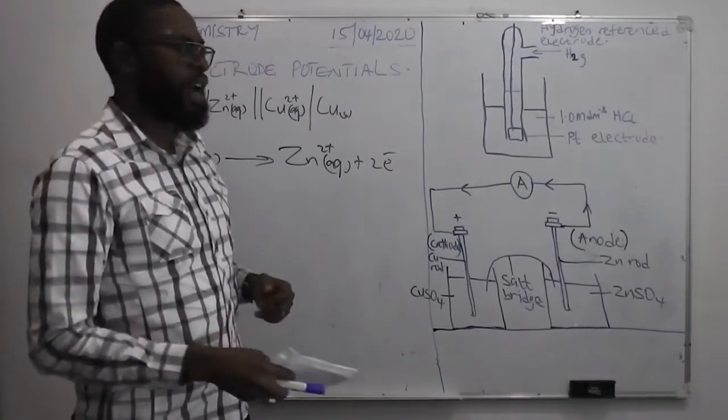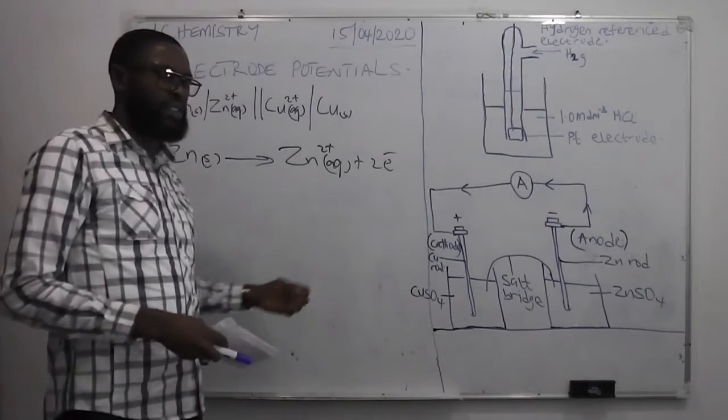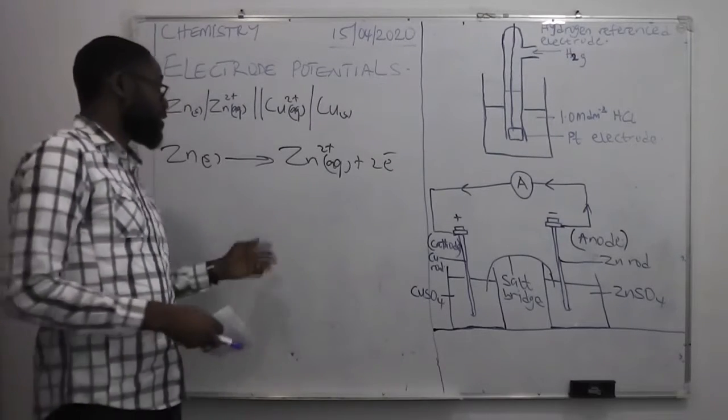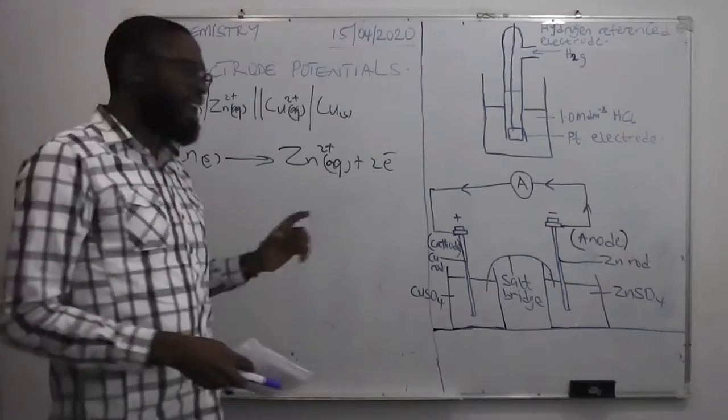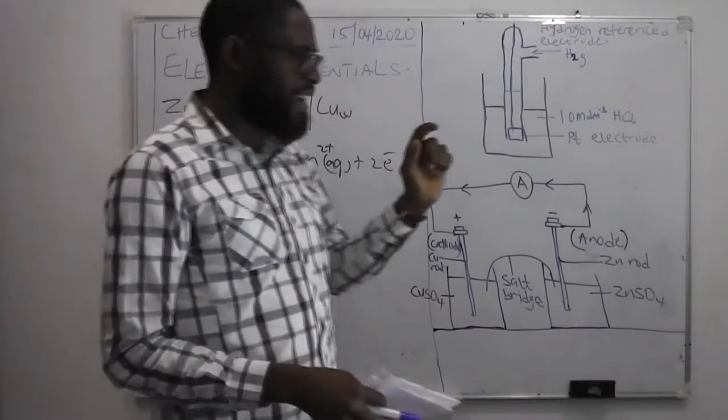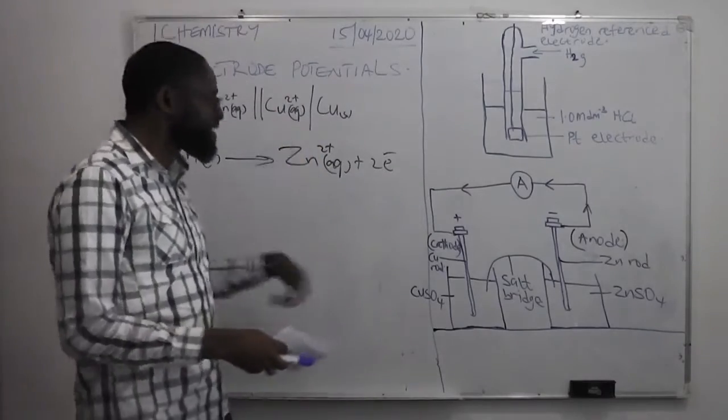Of the zinc rod. And the electrolyte we are using for this purpose is zinc sulfate. You realize that once you immerse it in the electrolyte, the zinc rod loses electrons.